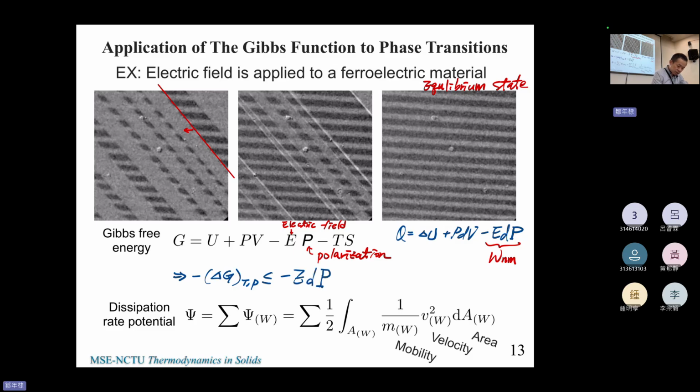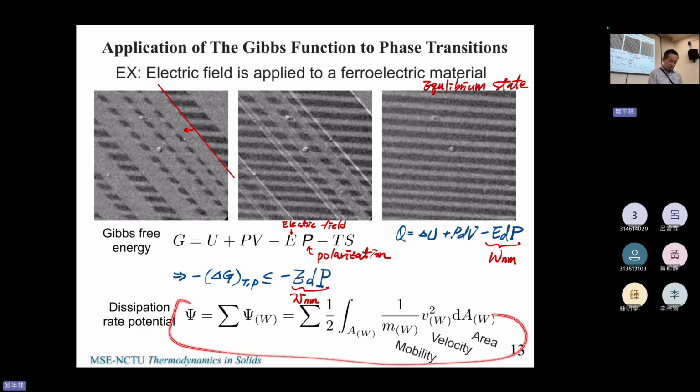And of course, this is called W_NM, the non-mechanical work, and -ΔG(T,P) is less than or equal to -E dP. Okay, so now I just gave you an example of how to write down the equation introduced on the previous page for a ferroelectric material.